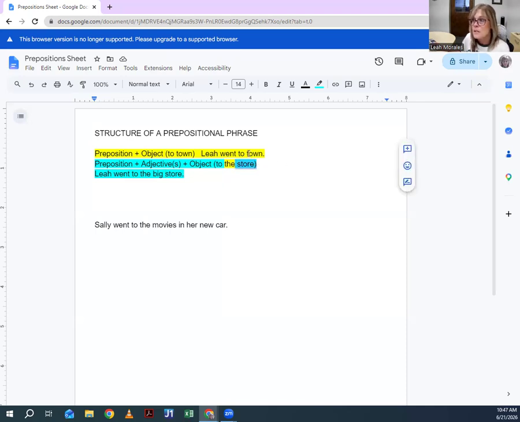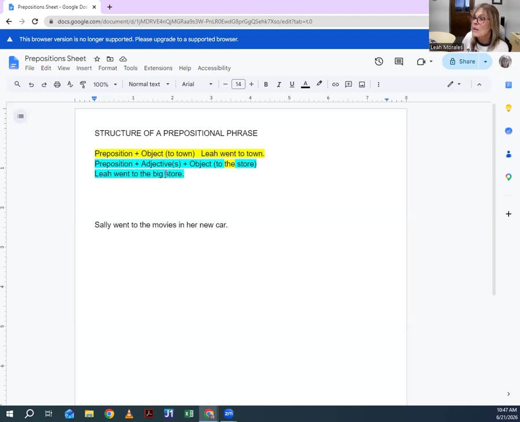Store is the object. Town is the object. The two things that a prepositional phrase must have is a preposition and an object of the preposition. Crucially, absolutely all words sitting between the preposition and its object are considered part of the same prepositional phrase. You don't leave them out.